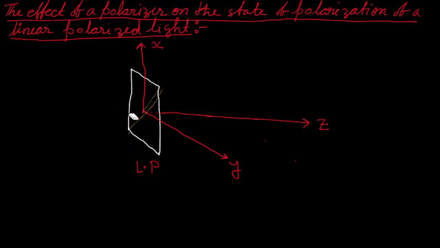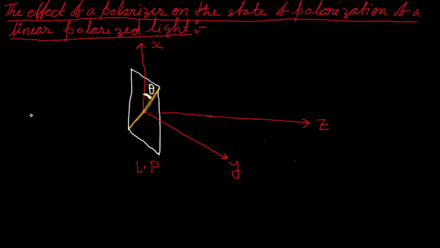So this is the optical axis of this polarizer. The pass axis and optical axis are both the same. This optical axis makes an angle theta with the positive x-axis.